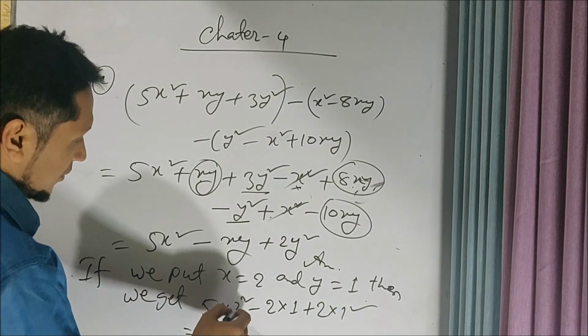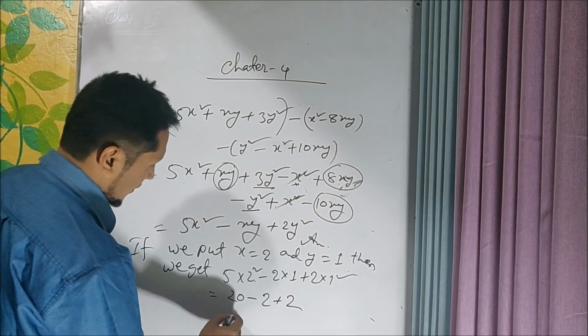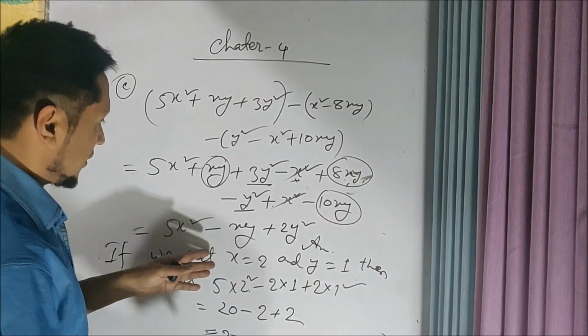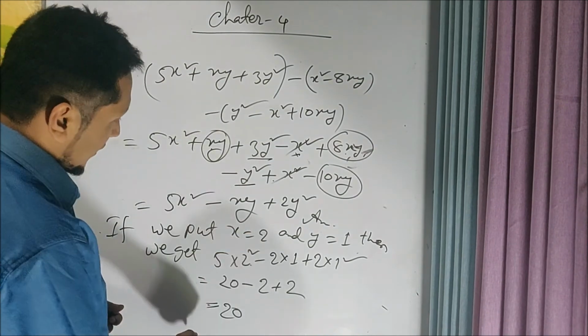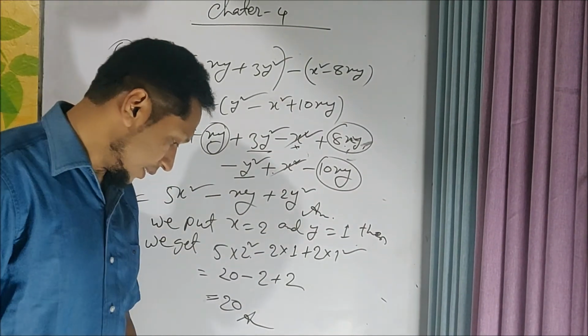So it will be 4 into 5, 20, minus 2 plus 2, that is 20 will be the simplified value if we put x equal 2 and y equal 1 in the simplified expression. Okay, so this is the complete answer of C.